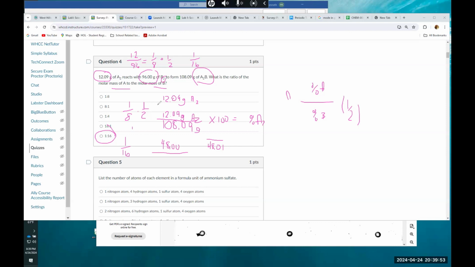That allows us to get rid of worrying about the 108, because it's 12.09 divided by 108, and the other would be 96 divided by that 108.09, but we're also dividing it by 2, because this is B2 and we only need B. We don't need the full thing. We only need one half of it.